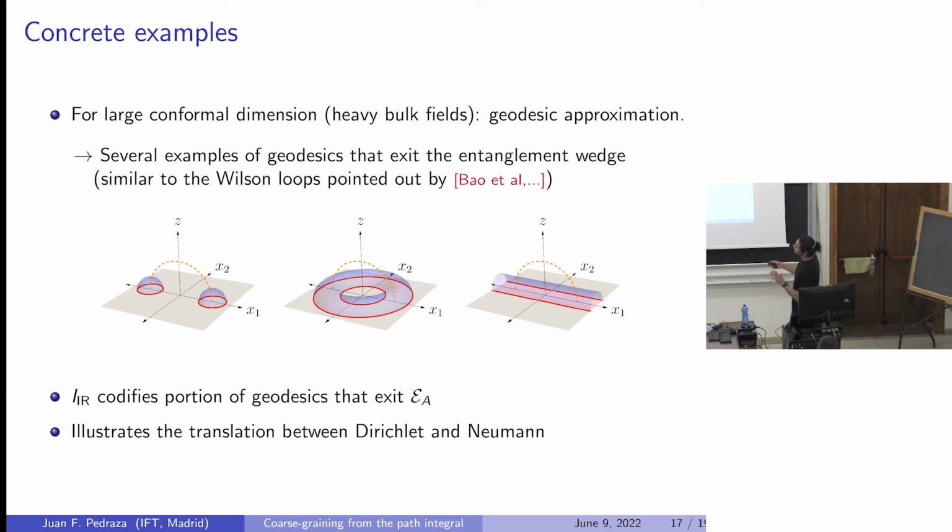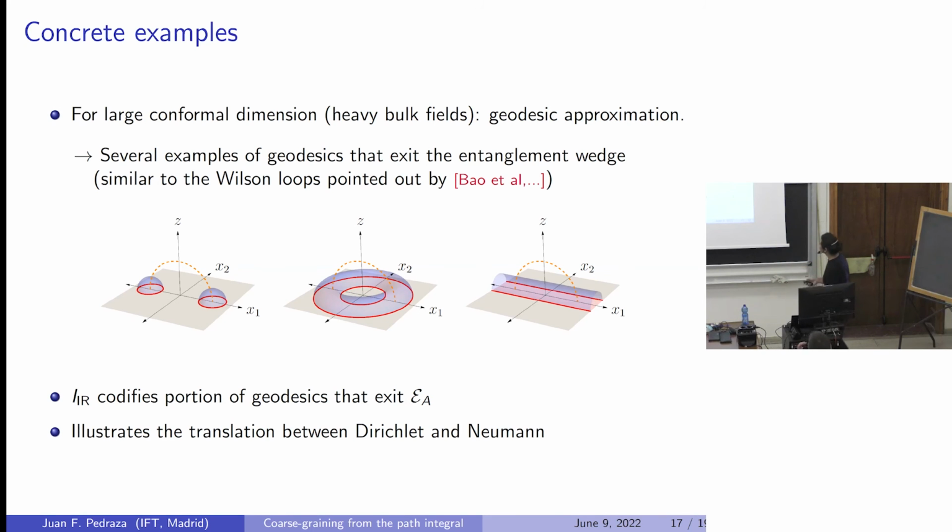This is an example where the region of interest is disconnected, and I'm in a regime where the regions are far apart, such that the entanglement wedge is the sum of these two smaller wedges. In that case, naturally, if you want to compute a two-point function where one operator is inserted in one of the regions and the other in the other, then you will naturally exit the entanglement wedge.